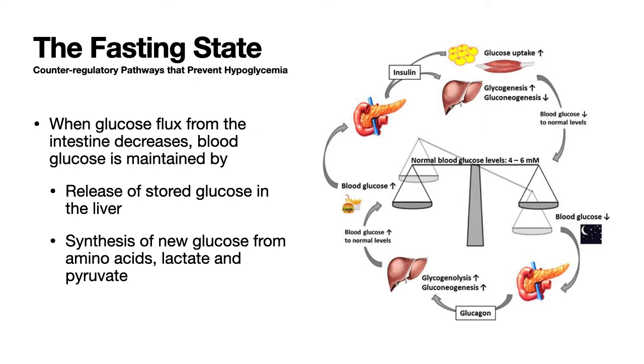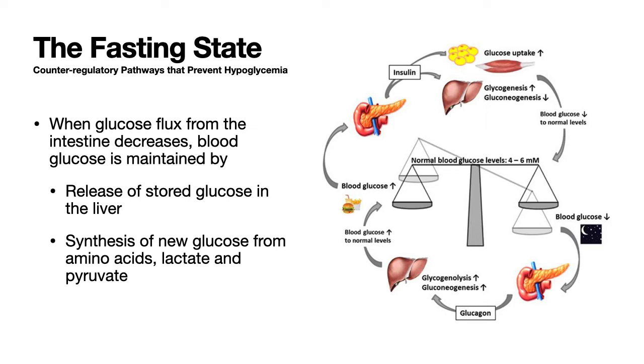Okay, so that is better represented in the image we have here in the right. So in the center of this image, you see a balance or a scale. And the goal of the counter-regulatory pathways and insulin would be to keep this scale in balance.